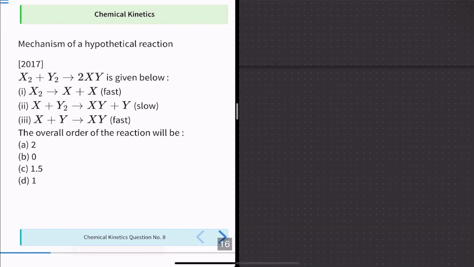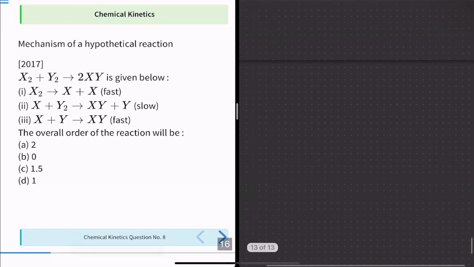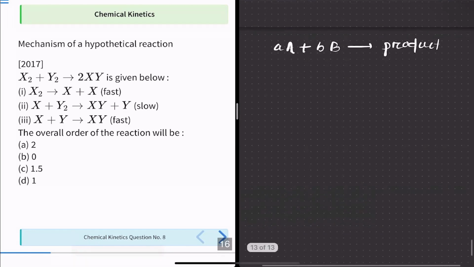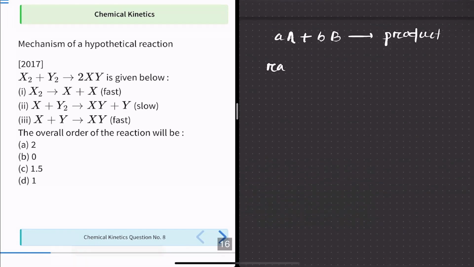Let's find out what the order of a reaction is. If a reaction is given as A plus B giving rise to some product, then the rate of the reaction will be proportional to A to the power a and B to the power b.